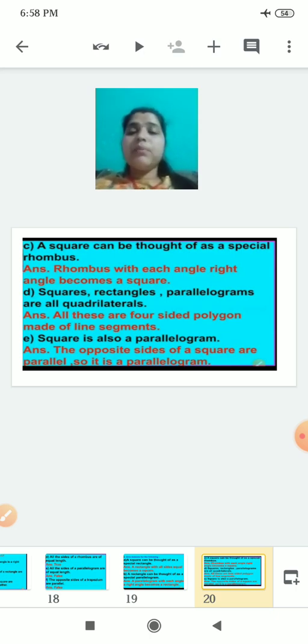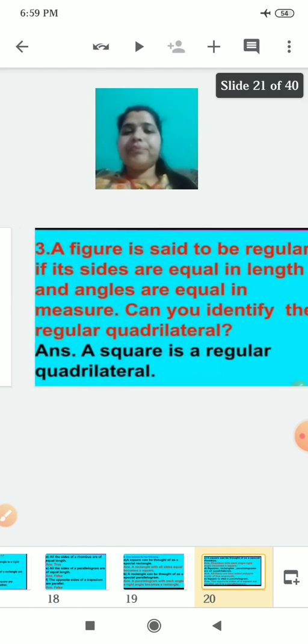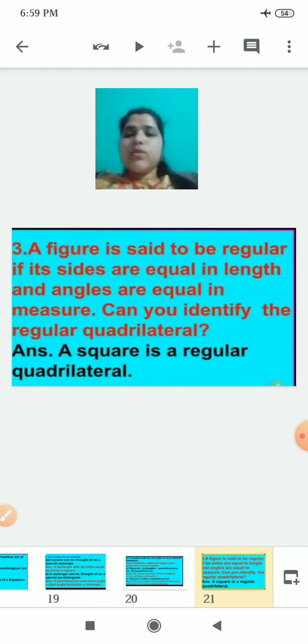A parallelogram doesn't only talk about angles, it also says that opposite sides are parallel and equal. In a square opposite sides are equal and parallel, so it will be a parallelogram. So next question of the exercise.